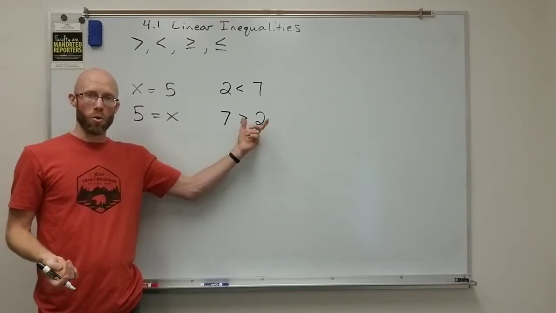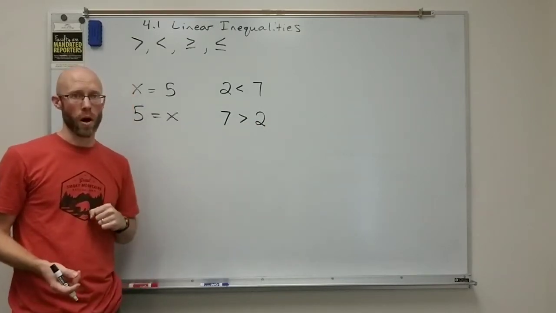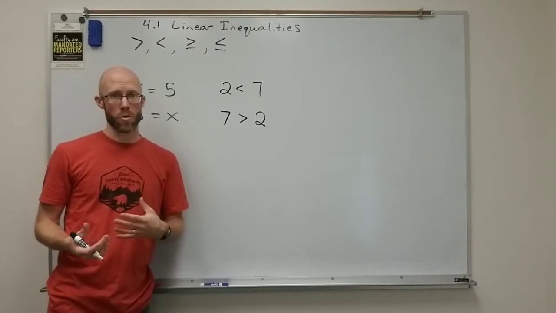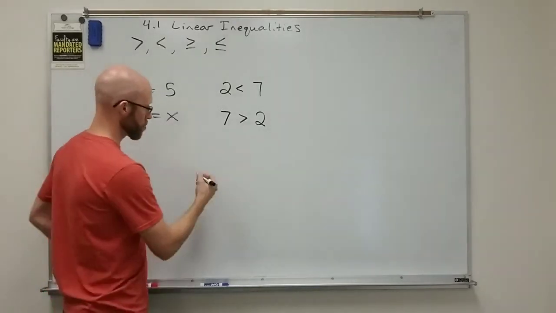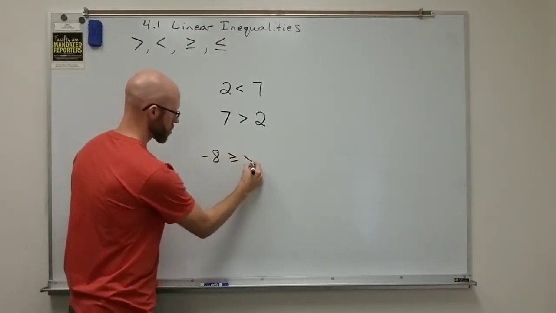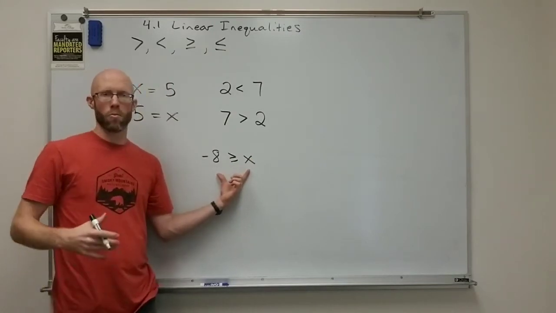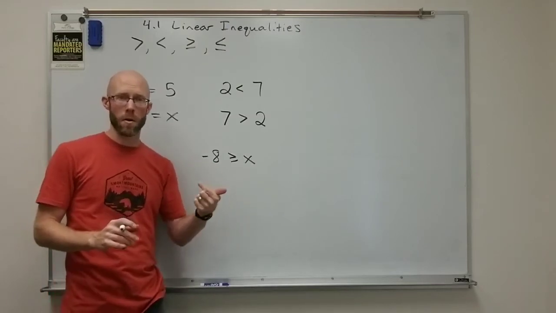I wouldn't keep the less than symbol, it wouldn't make any sense. So when you're ordering things, if you change the order, you have to change the symbol as well. That's an important thing to keep in mind, because there may be times where you solve a linear inequality and you end up with something like negative 8 is greater than or equal to x, but it might make more sense to you to have the x on the left side, in which case you'd want to flip everything.